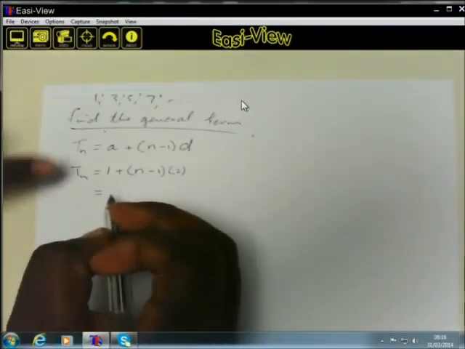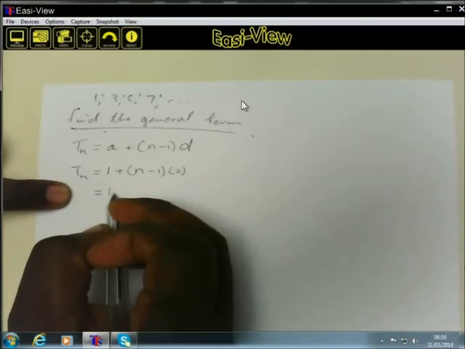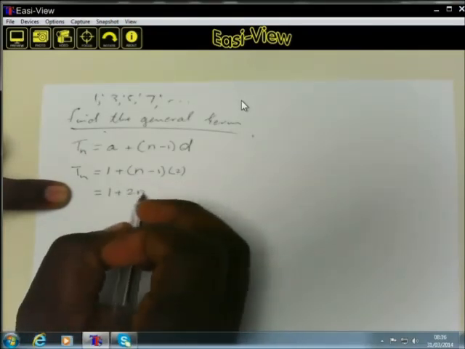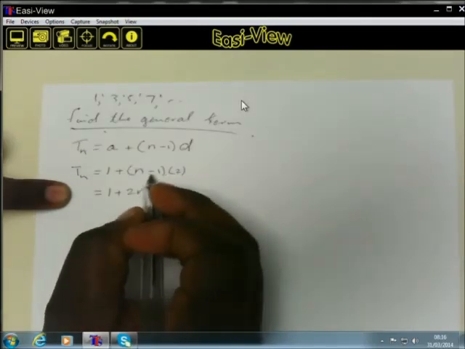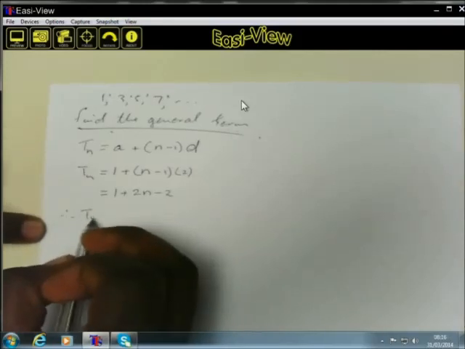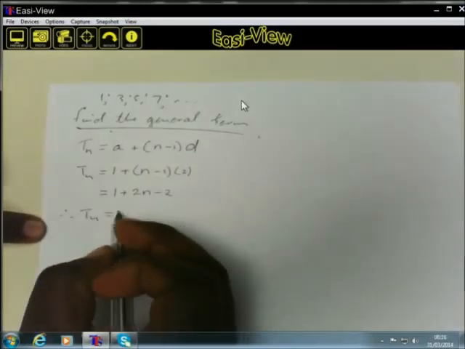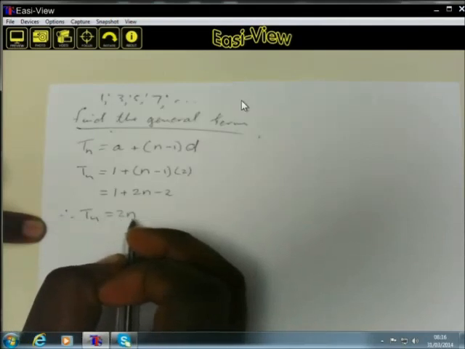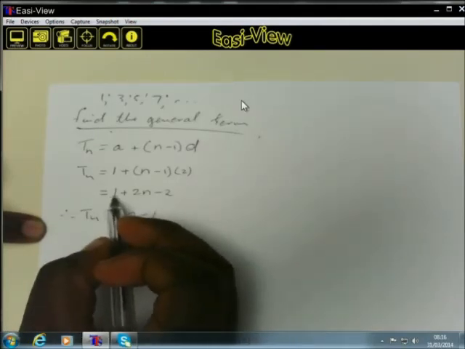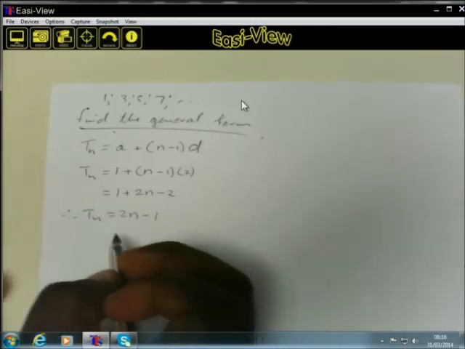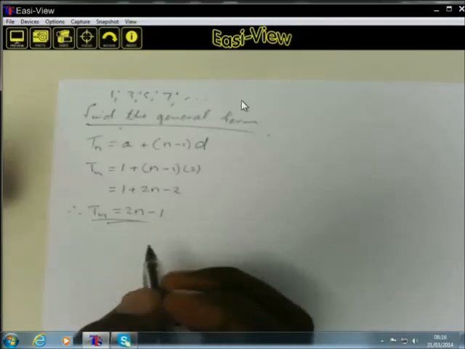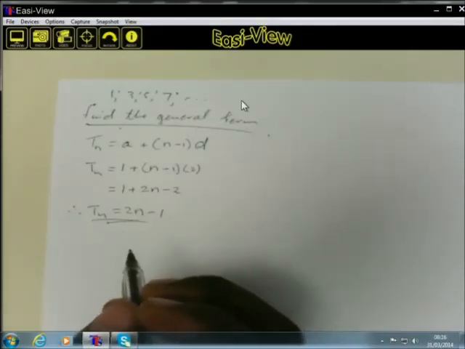So which means this here will be equal to 1 plus 2 multiplied by n will give us 2n, and 2 multiplied by negative 1 will give us negative 2, and therefore the general term will be equal to, starting with 2n, we'll have 2n minus 1, because 1 minus 2 here will give us negative 1. That is the long and short of introducing these arithmetic sequences.